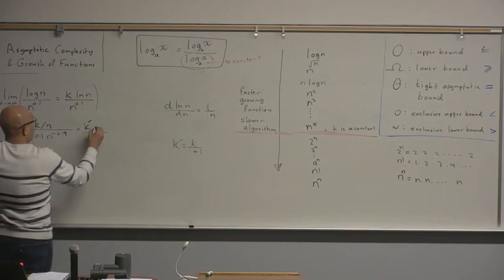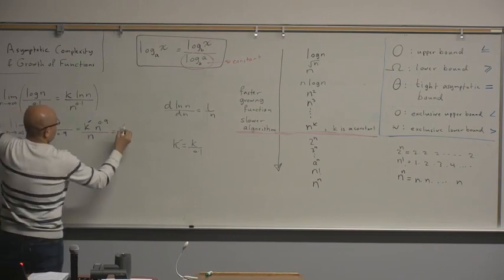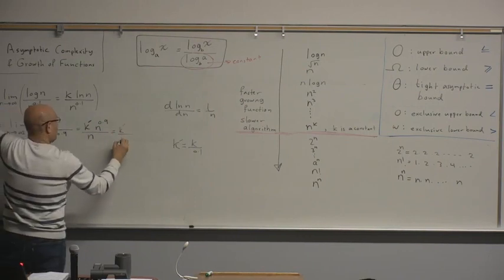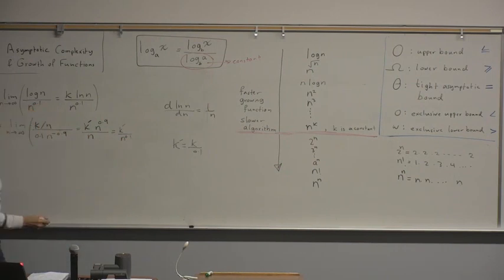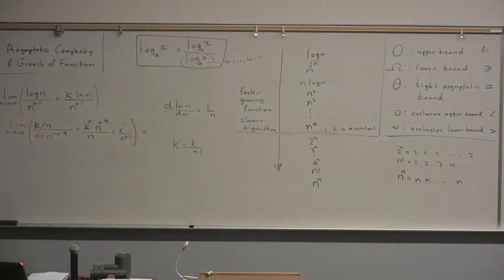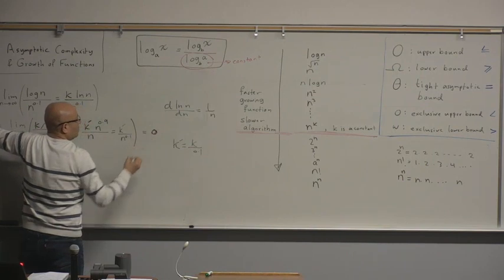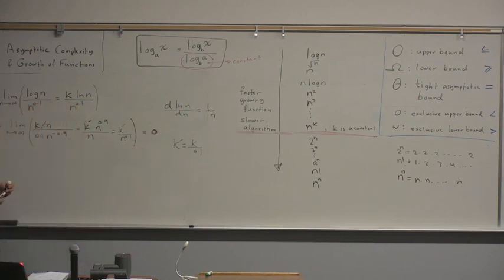And this is k prime divided by n^0.1. And what's this limit? So you have the n in the denominator, and we're going to infinity. So what's the limit? 0. The limit is 0.